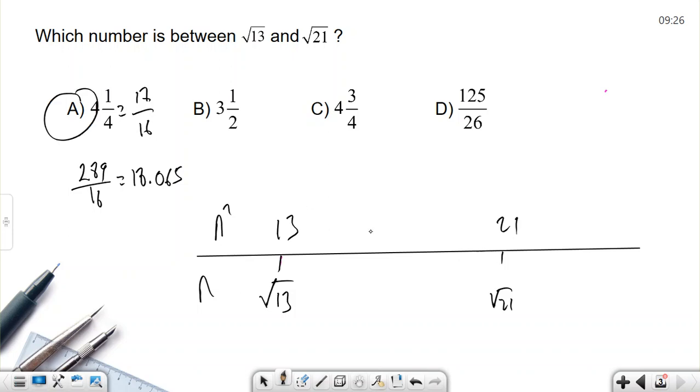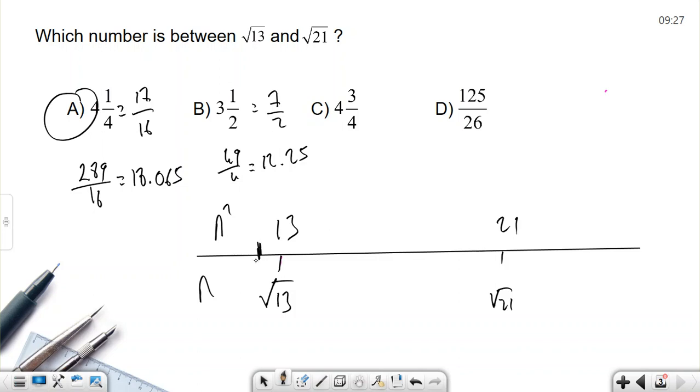So this number, 18.065, is between 13 and 21. Next, 2 times 3 is 6, plus 1, is 7 over 2. If you square it, this is 49 over 4, which is equal to 12.25.